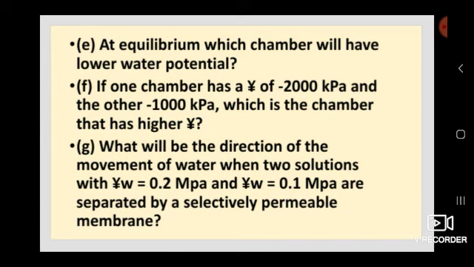That is chamber B. Chamber B contains fewer solutes compared to chamber A, so chamber B shows higher water potential. At this stage, osmosis occurs from chamber B to chamber A.